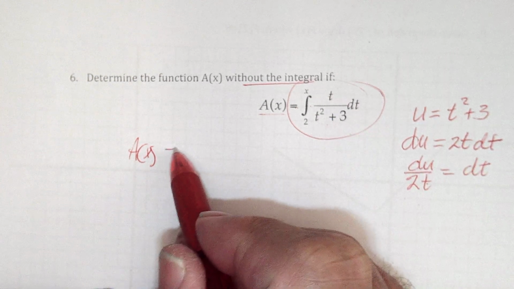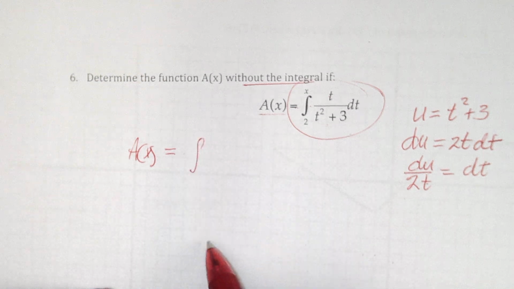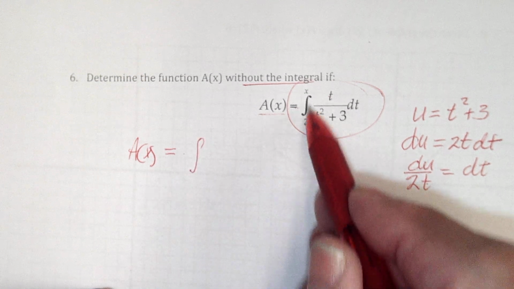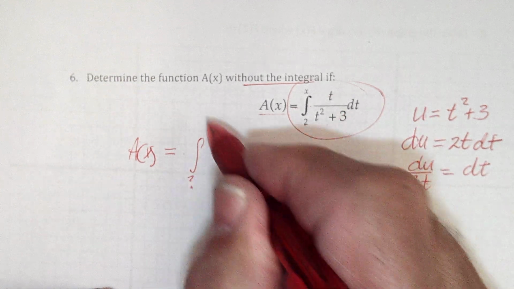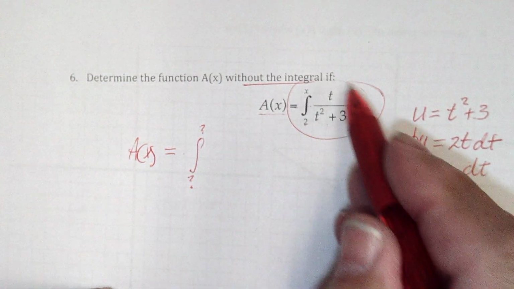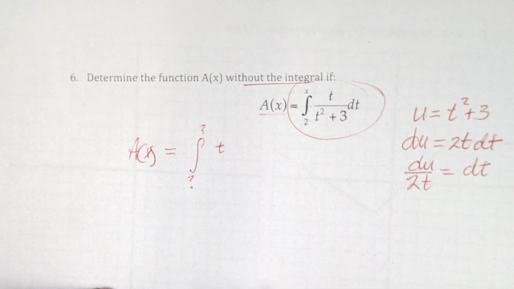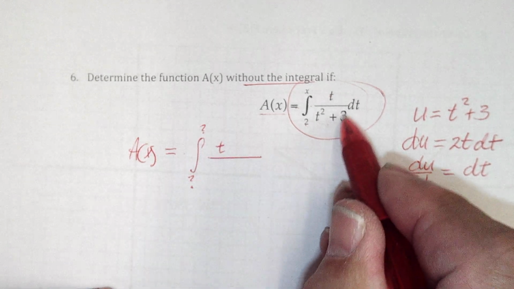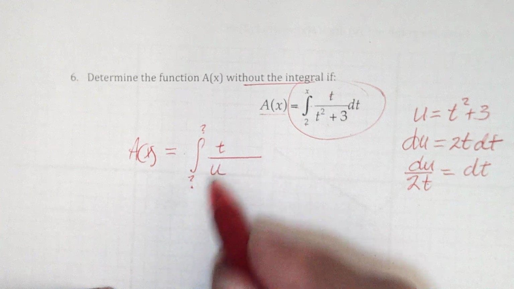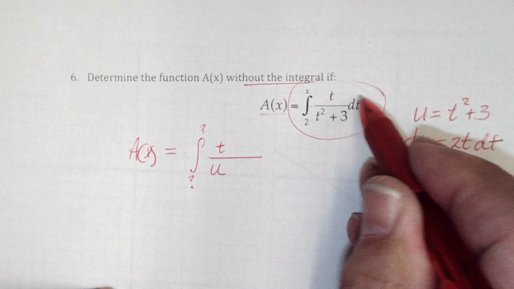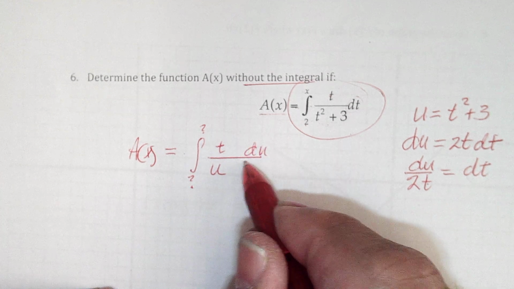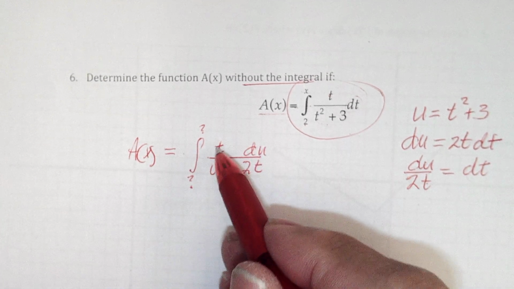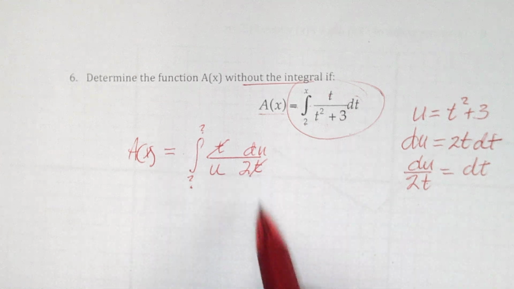and that t is going to cancel that t. So this is going to become the integral, and it will no longer be 2 to x if we change to u. So I'm just going to put question mark to question mark. There's a t, and then there's this, which I called u, and then the dt is du over 2t. The t's cancel.